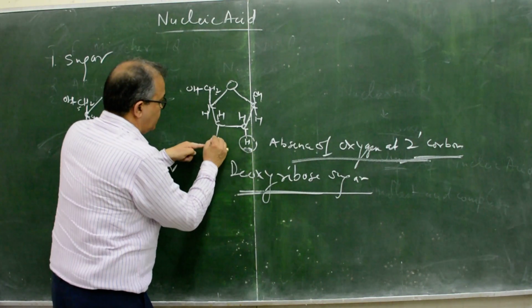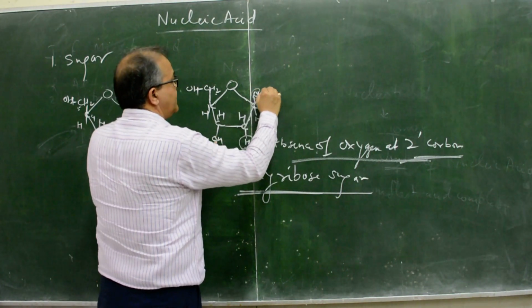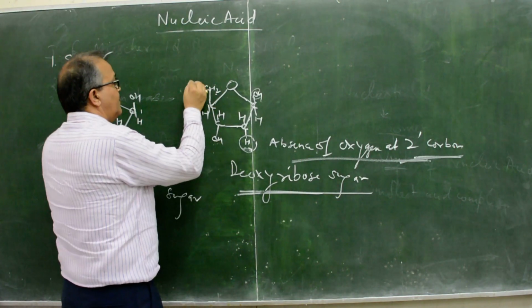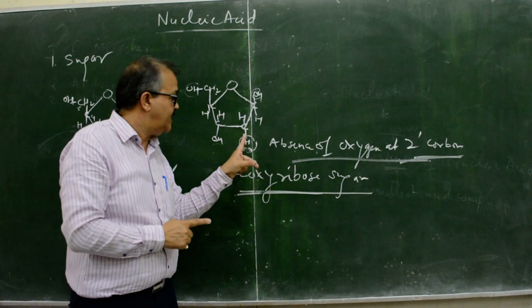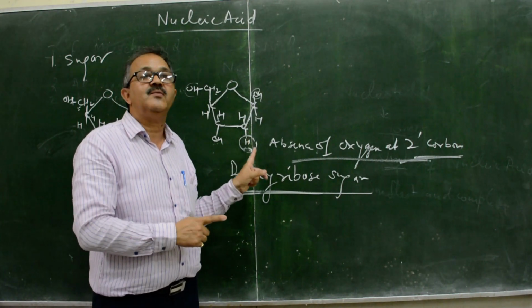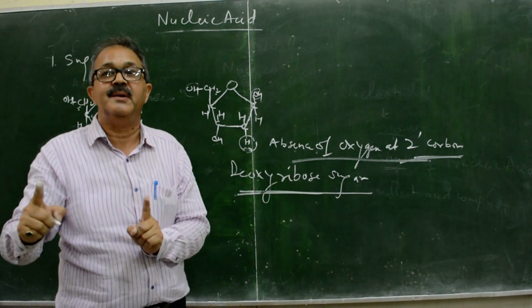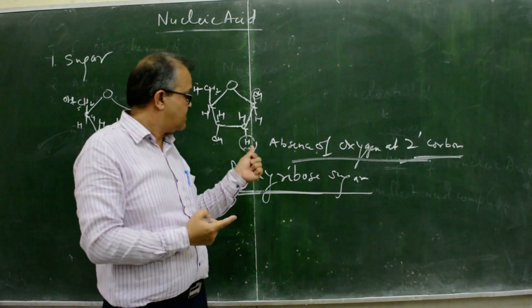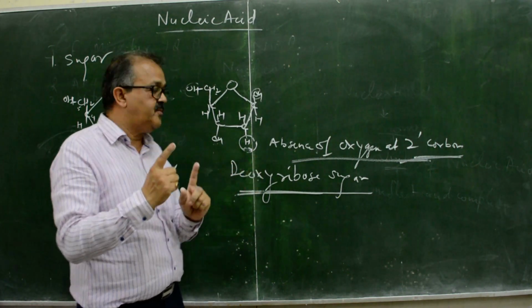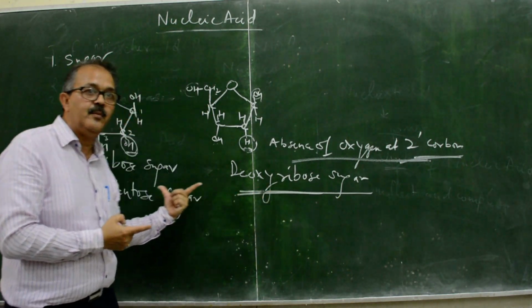It will interact with the phosphoric acid, I will tell you later on. Only this point is vacant, but there is no oxygen, hence it will not interact with any organic material. So this provides the stability for the DNA. What is the difference between deoxyribose sugar and ribose sugar?